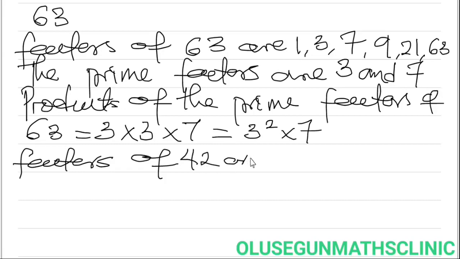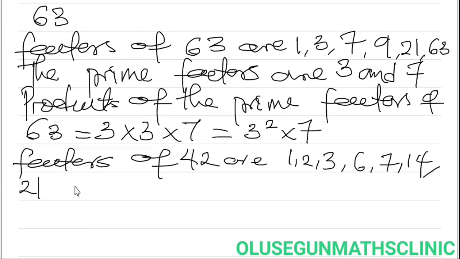They are 1, 2, 3, 6, 7, 14, 21, and 42. So these are the ordinary factors. Let's now bring out the prime factors.